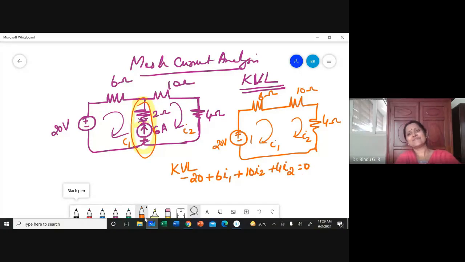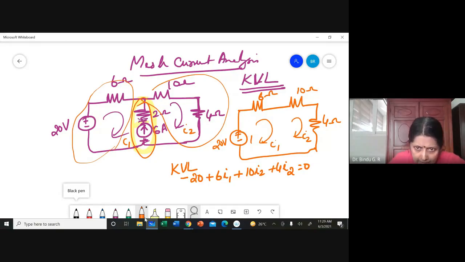I hope this is clear. This portion I have taken, this portion, this portion also I have taken together. On rearranging the terms and adding the similar terms, I'll get 6 I1 plus 14 I2 equal to 20. Equation number 1.